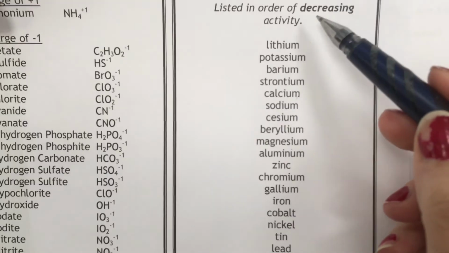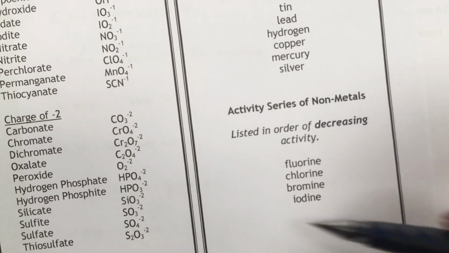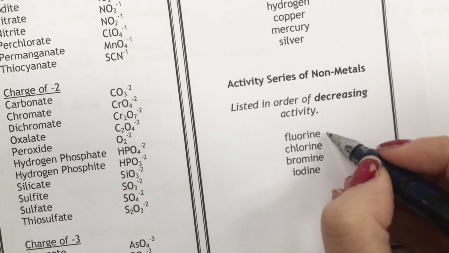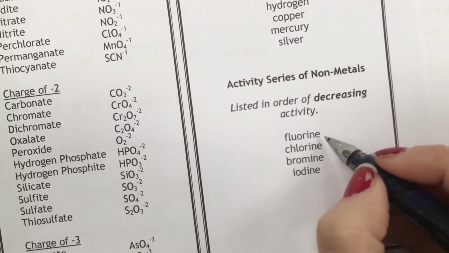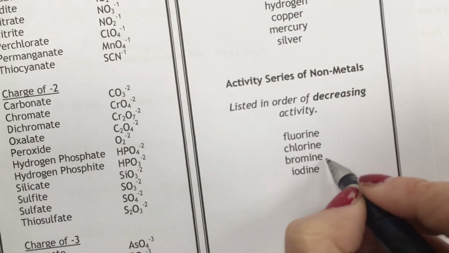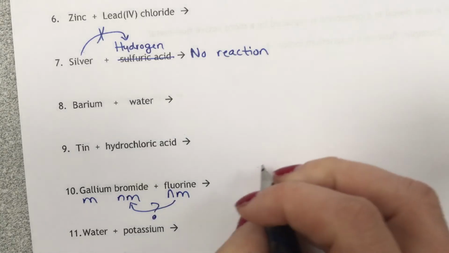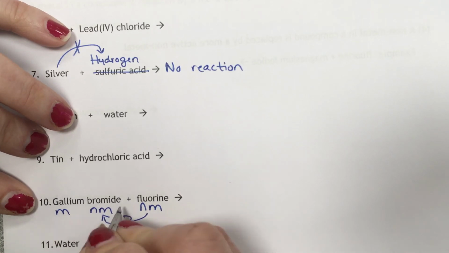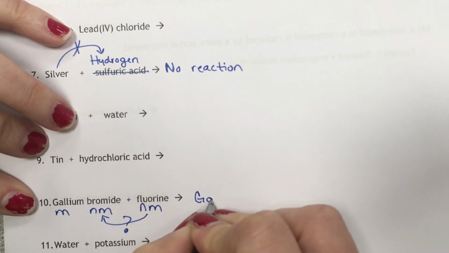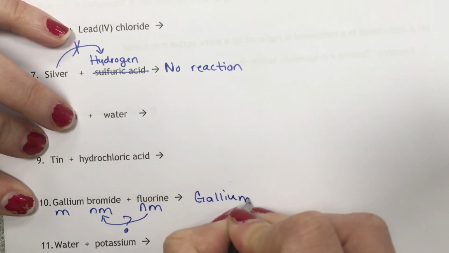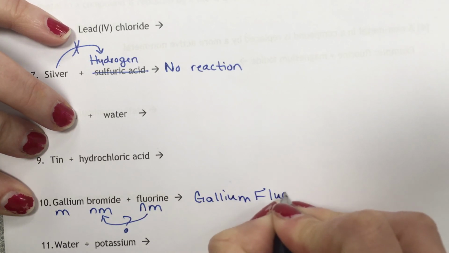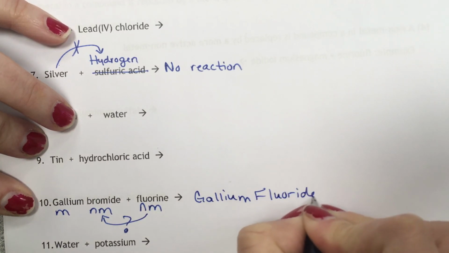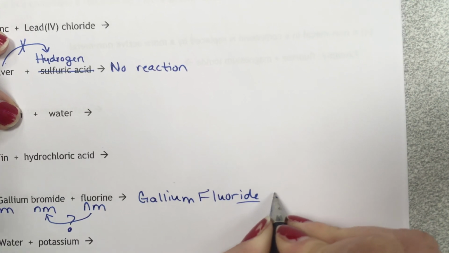So these are all metals, and then these are the non-metals. Fluorine's at the very top, so it's basically going to replace everyone, but bromine is right here. So it will replace it. So instead of gallium bromide, it'll be gallium fluoride. Don't forget to change the endings, okay?